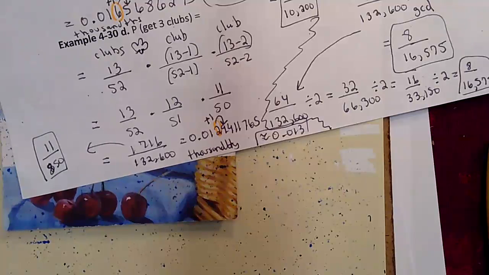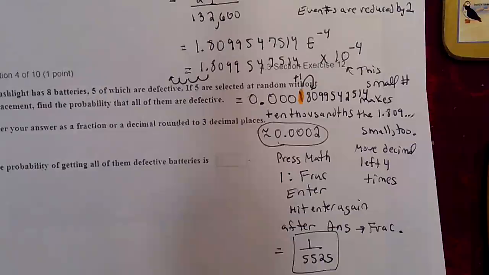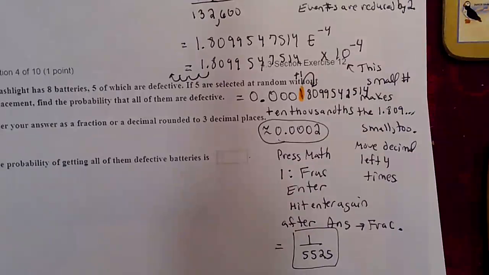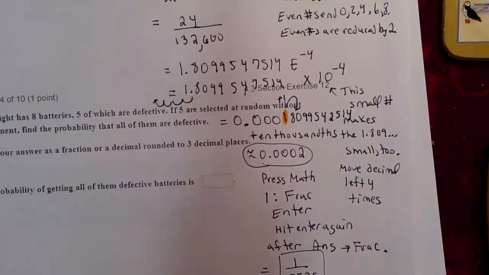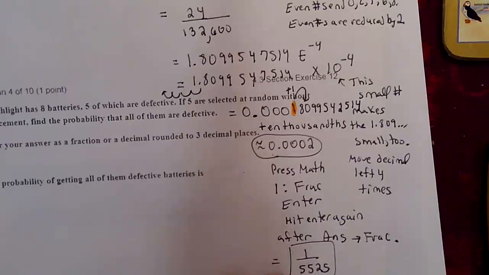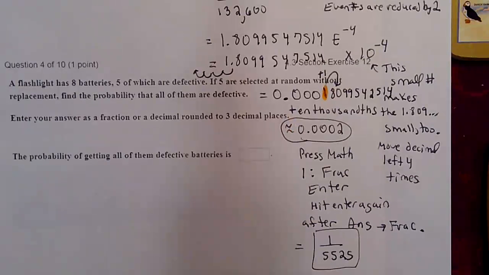Okay, now we need to go back to page 113. Where's another one that doesn't deal with cards? It's still using multiplication rule number 2, but we're using batteries. A flashlight has 8 batteries, 5 of which are defective.